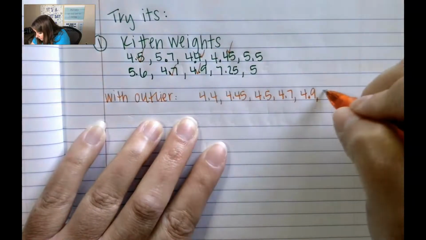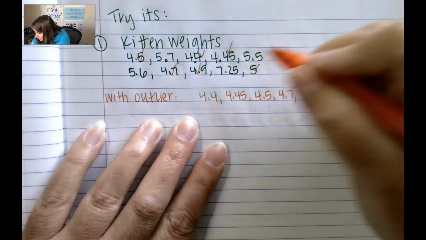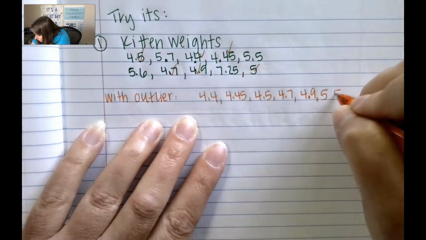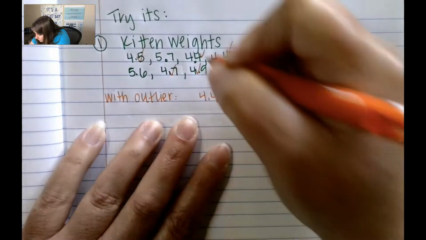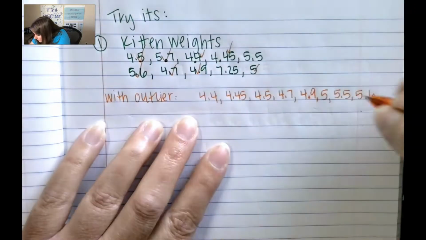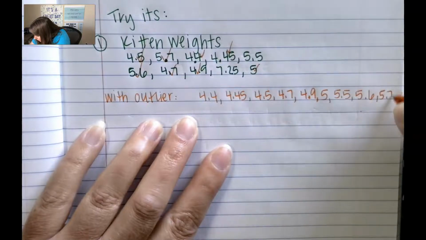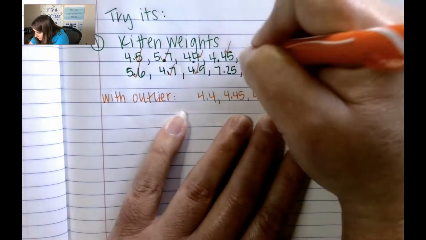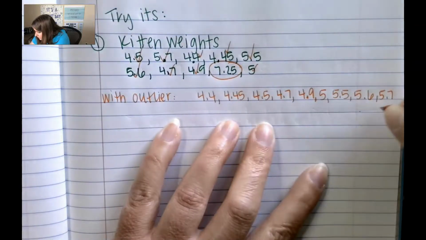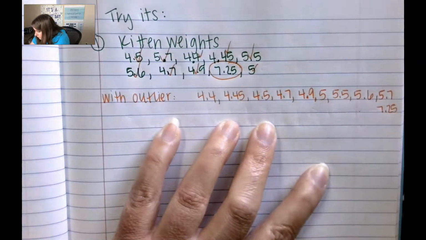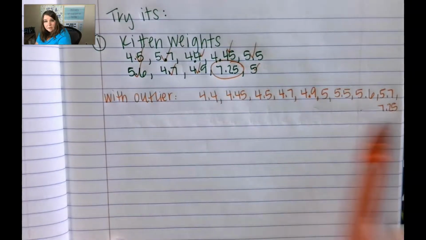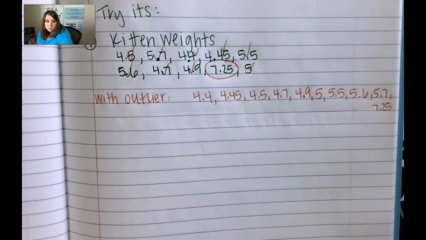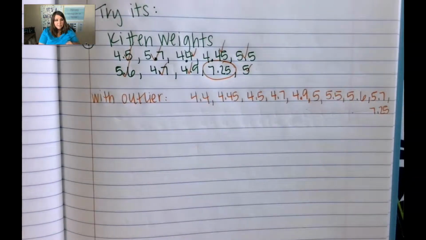We have 5, and it looks like 5.5, 5.6, 5.7, and then my outlier, here's my outlier right there, 7.25. That's my outlier. So I'm going to do all these numbers with the outlier and then do all of them without. So let's go ahead and add these up and see what we get.